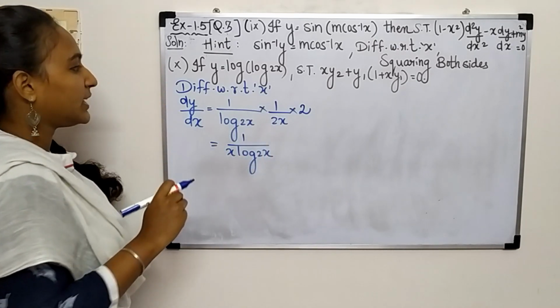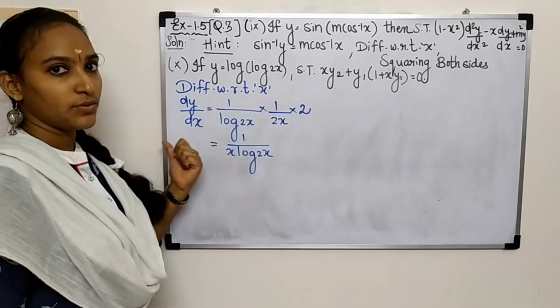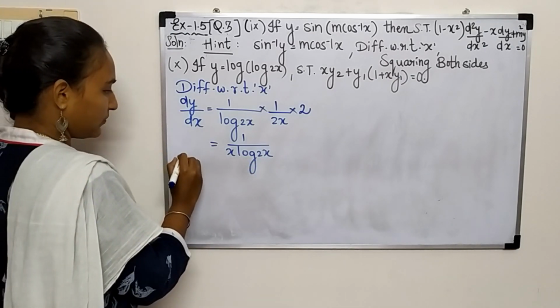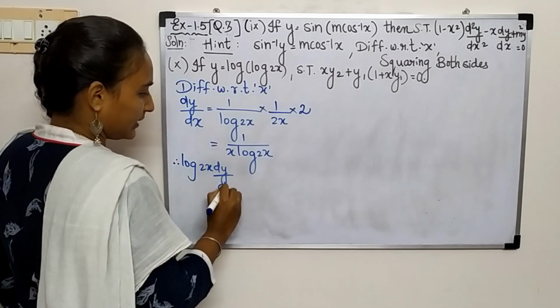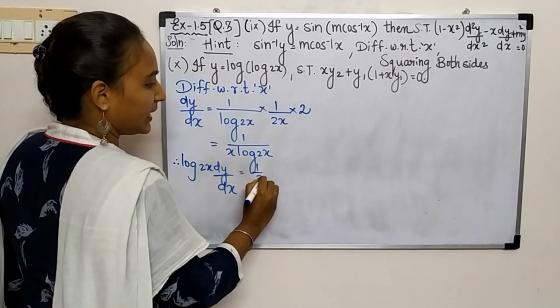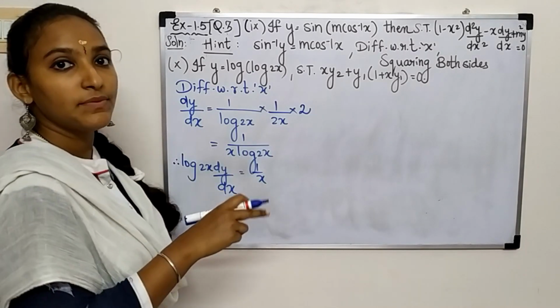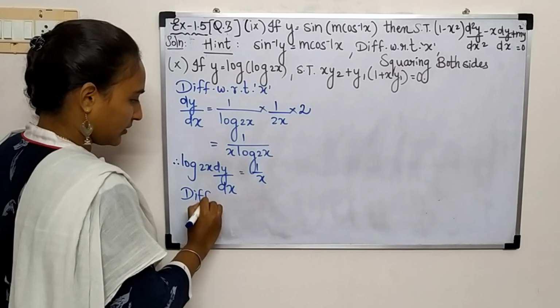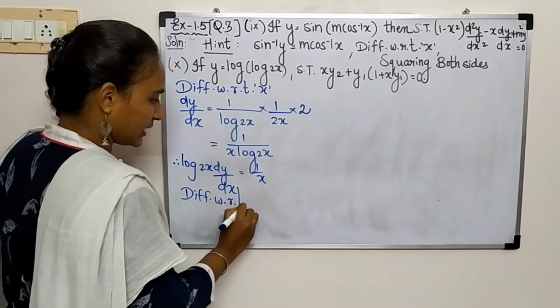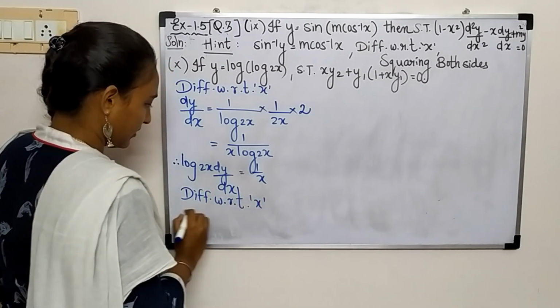Now let us differentiate this. Now take this log 2x to the LHS. Therefore log 2x dy by dx is equal to 1 by x. Now differentiate this with respect to x again.